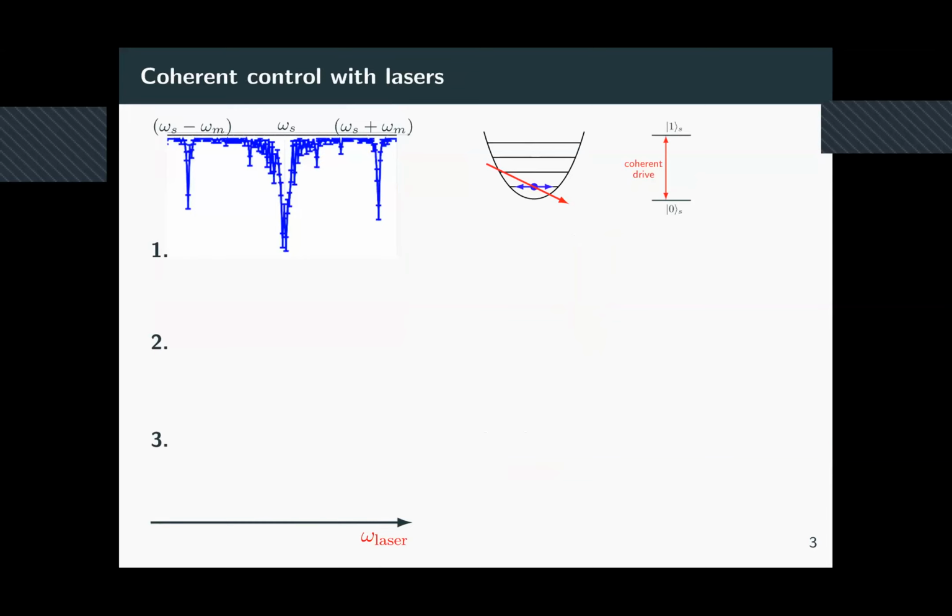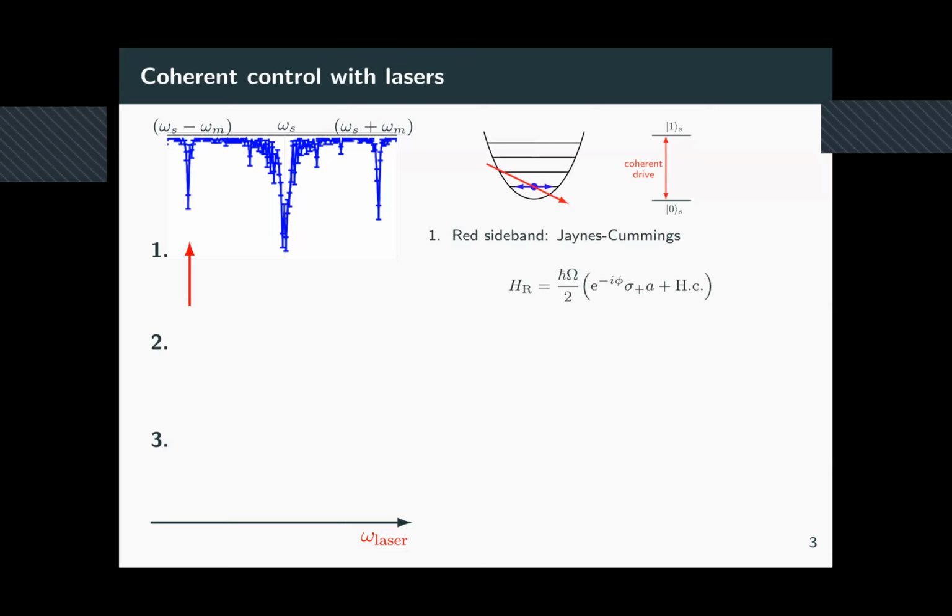So the starting point for control is the coherent drive. If we shine this coherent drive laser on the spin, we see a spectrum that looks something like this. We have a resonance at the frequency of this spin transition, and then we have some sidebands, which come from motional coupling.